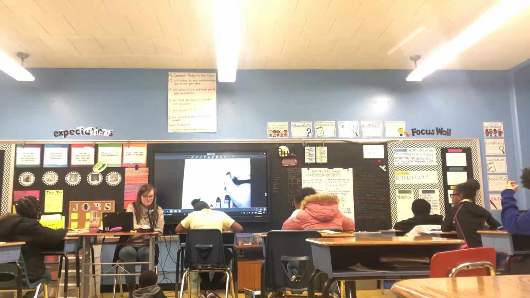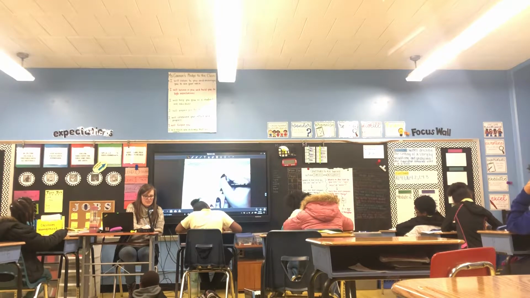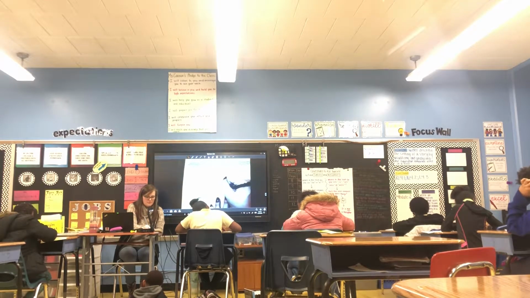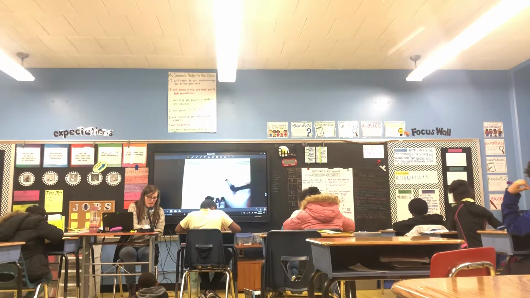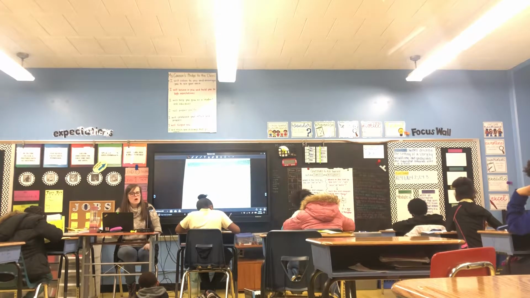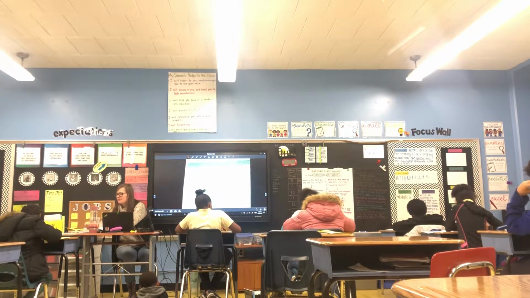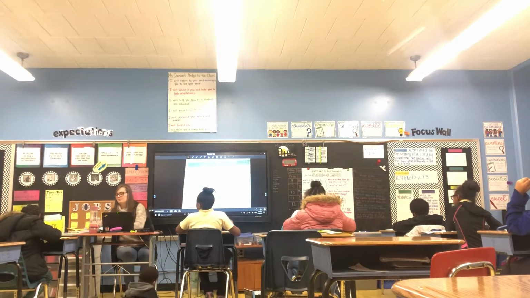The sun is being compared to a lemon. Now, what image does the figurative language paint in your mind? So, this one's a little bit easier because it's comparing a lemon and the sun.